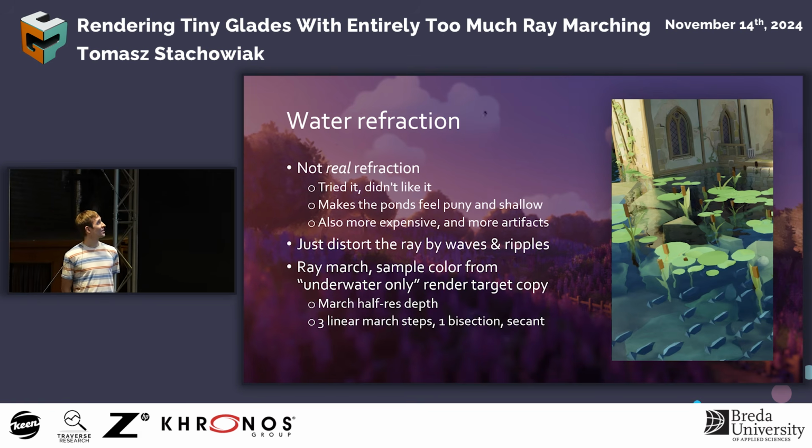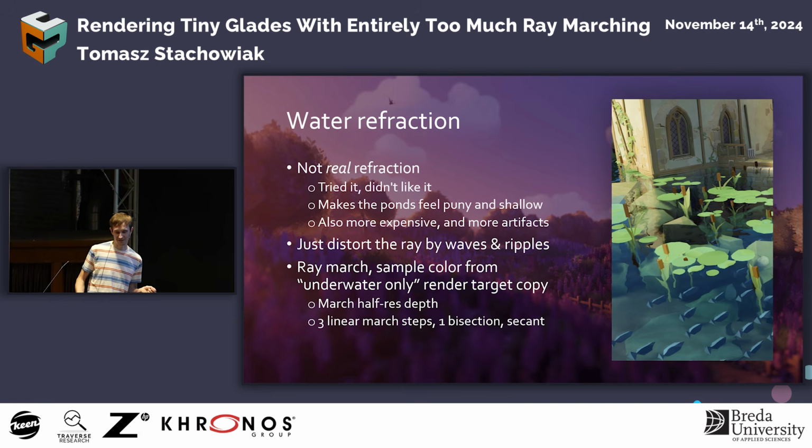And then in terms of refraction, that's another area where we hack and cheat. We actually tried doing proper real refraction by bending the rays, but we just didn't like it because the ray foreshortening meant that the ponds and little streams looked a bit too shallow. It was also more expensive and meant that sometimes you wanted to sample information which was not on the screen, because if the ray bends a lot, you may end up sampling in places where you don't have geometry.